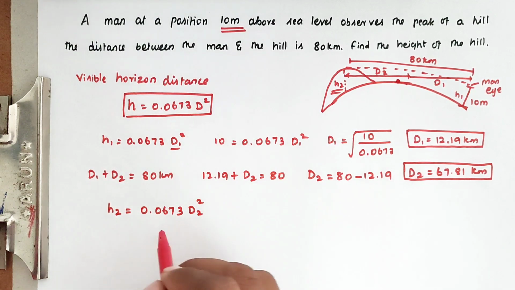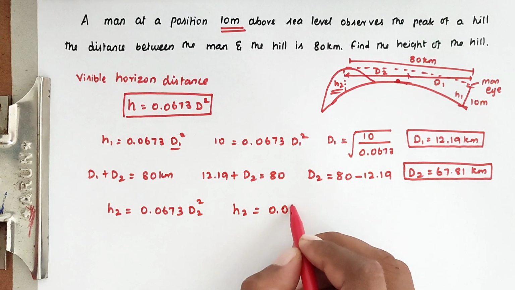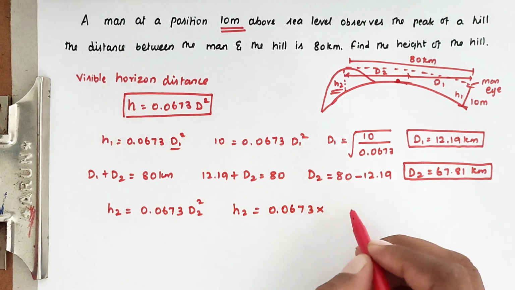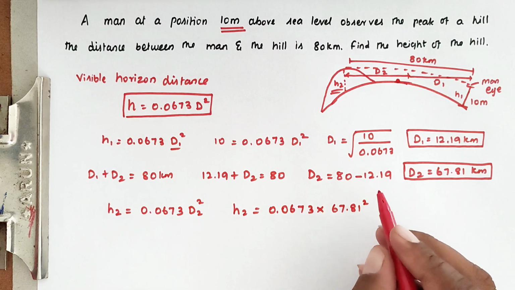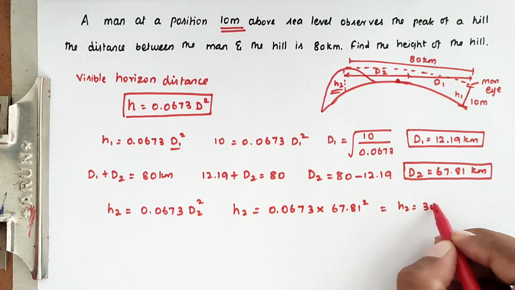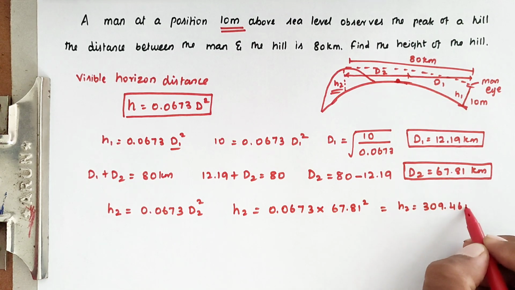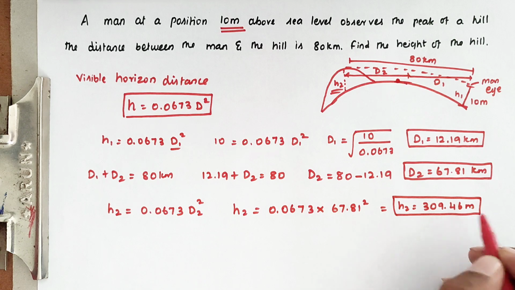We know the d2 value, so we can substitute: H2 equals 0.0673 into 67.81 squared. Solving this, we get H2 equal to 309.46 meters. So the top of the hill is 309.46 meters. This is the method we can use to solve the problem. We will see another problem in the next video. Thank you.